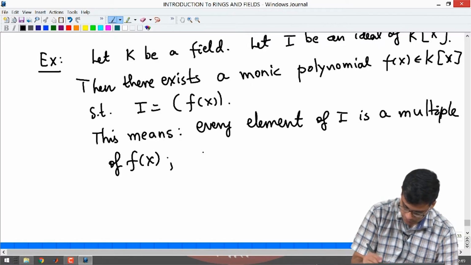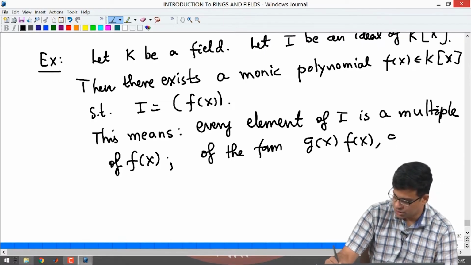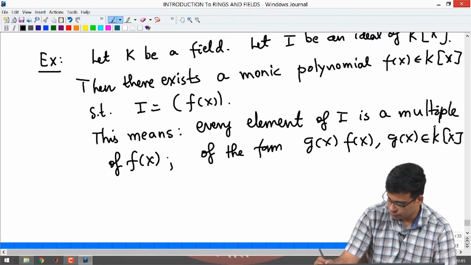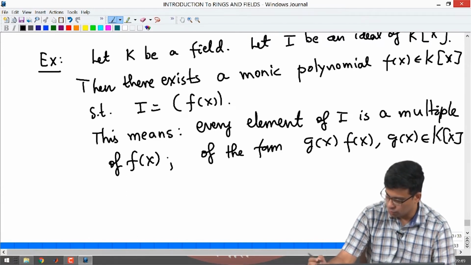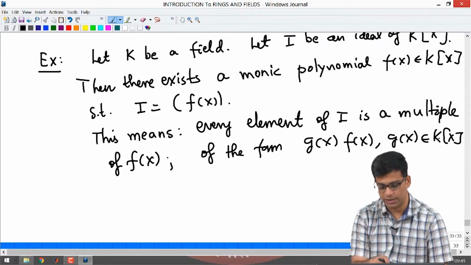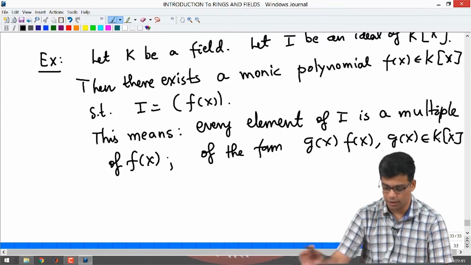That means it is of the form g(x) times f(x), where g(x) is an arbitrary element of K[x]. So, an ideal generated by a single element is by definition that element times any ring element.